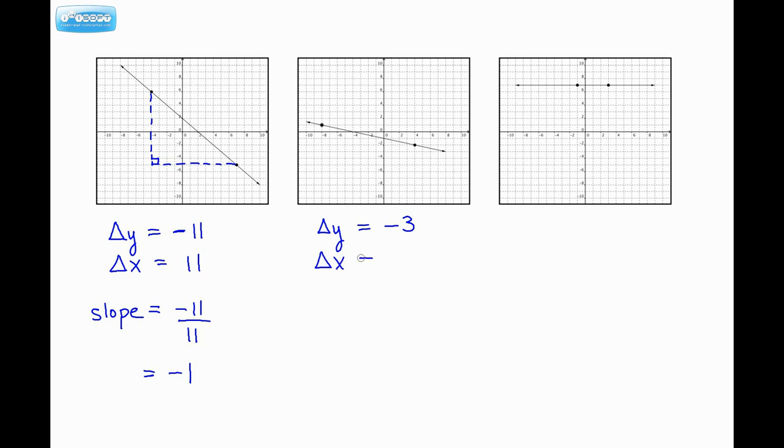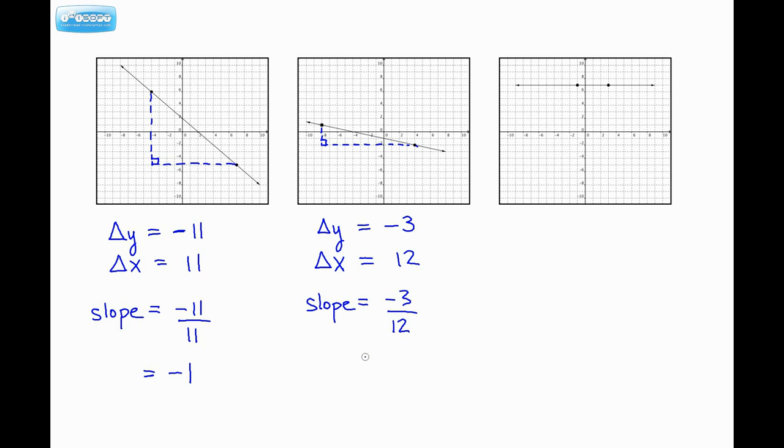Horizontally, let's count: 1, 2, 3, 4, 5, 6, 7, 8, 9, 10, 11, 12. That's to the right, so it's positive. So my slope is negative 3 over 12.